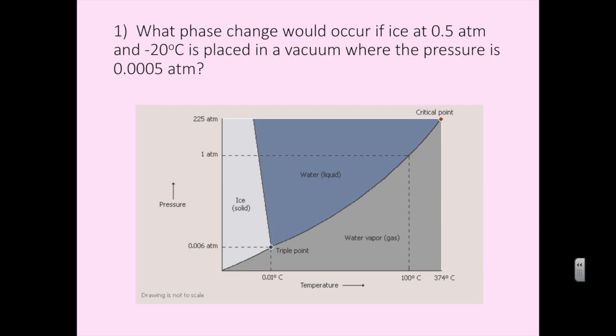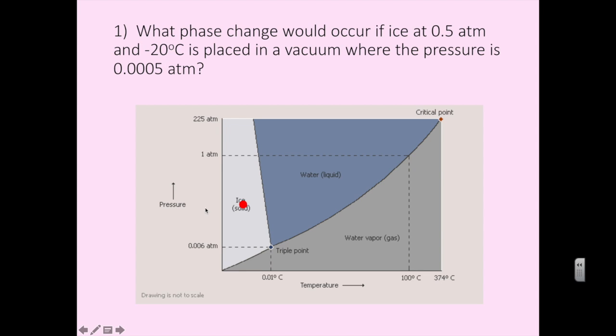So just to jog your brain, what phase change would occur if ice at 0.5 atmospheres and negative 20 degrees Celsius is placed in a vacuum where the pressure is 0.0005 atmospheres? So I need to find out where the ice is at 0.5 atmospheres. Now notice that this is not really to scale, so this would be somewhere maybe about there. I'm estimating, and you're allowed to estimate when you do these.